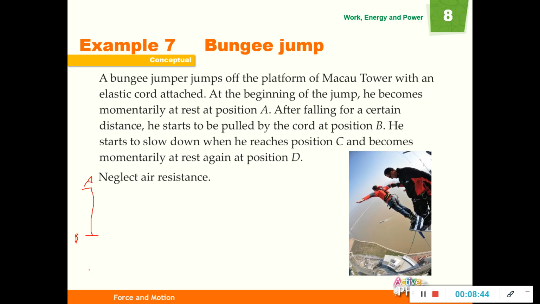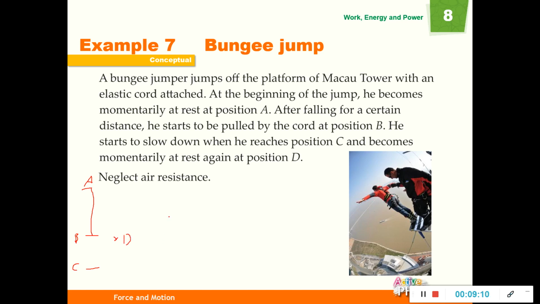Finally, the jumper reached the point C and then becomes momentarily at rest again at point D. Okay, so when it reaches position C, C will be the lowest position, and then the jumper will come back to a certain position D.